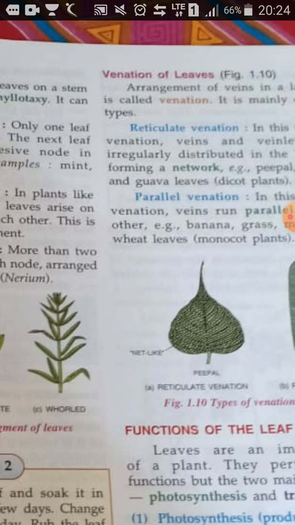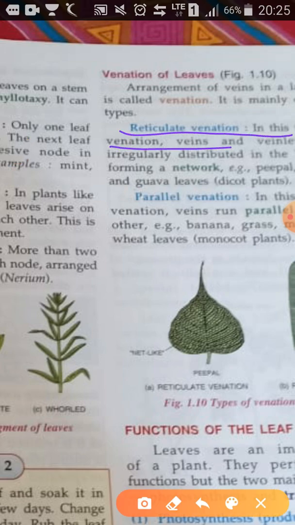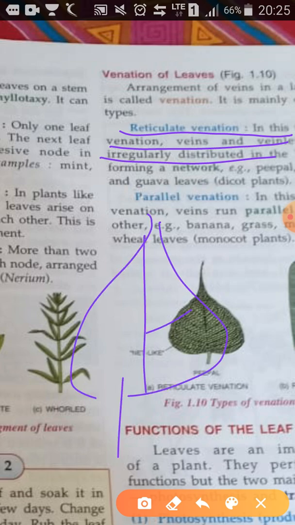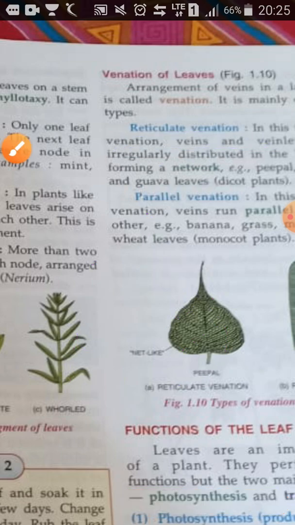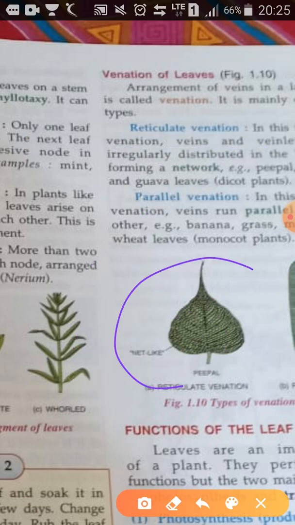Let's read the definition. In this venation, veins and veinlets are irregularly distributed. In parallel venation, it is regular: straight lines, same distance from each other. But here in reticulate venation, it is irregular. They are not making any particular pattern.